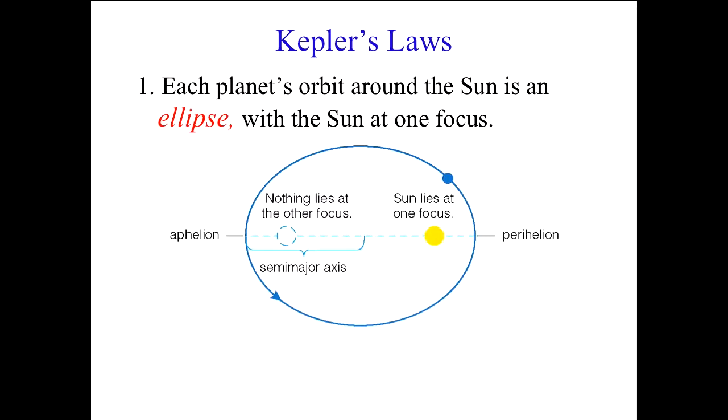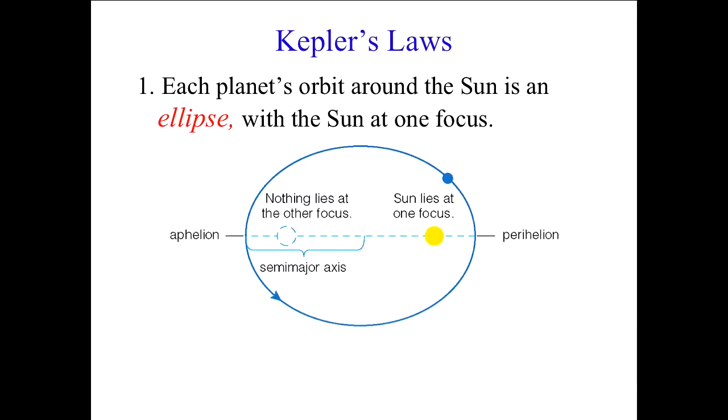The planets go fast near the sun, and then slow, and then fast near the sun, and then slow, like this. All of the planets do this, as do the asteroids, as do the comets. Even the dust particles in our solar system orbit the sun, not in circular motion, but elliptical motion.